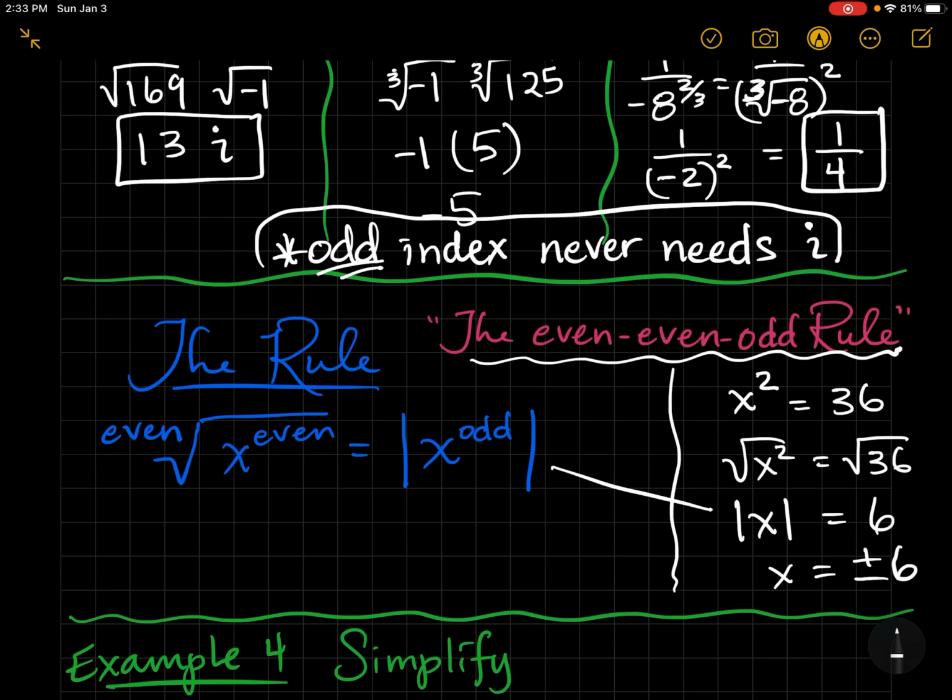Okay, this rule is the reason. If you have an even index and an even exponent, and your result had an odd exponent, that's the even, odd rule.